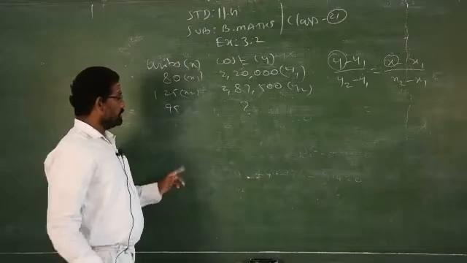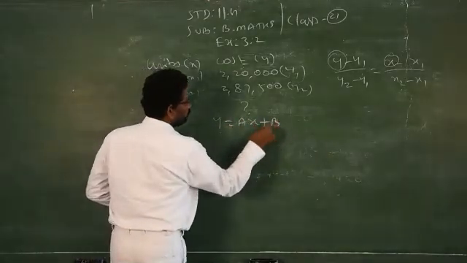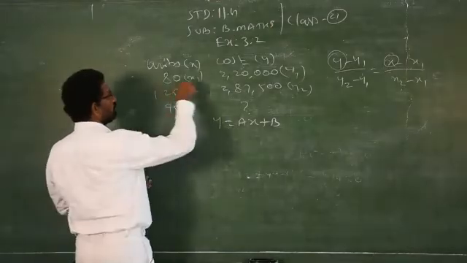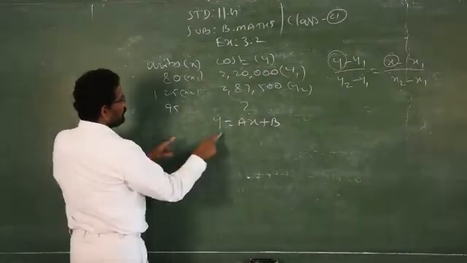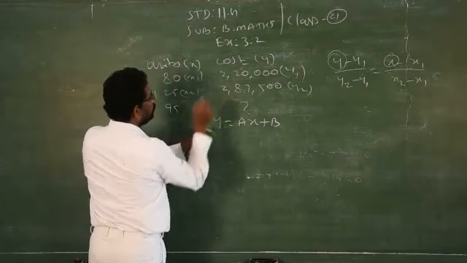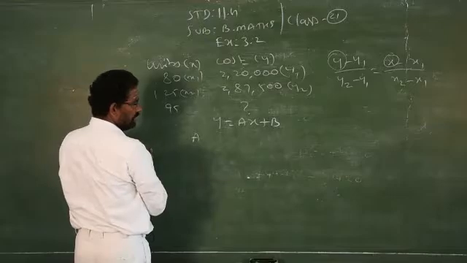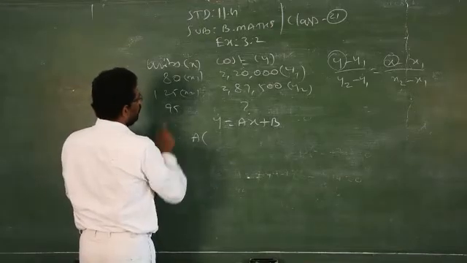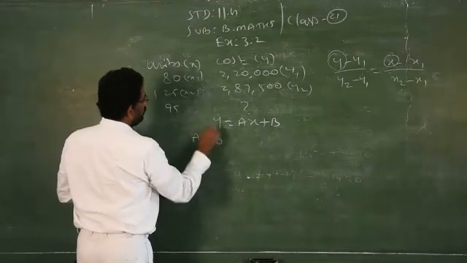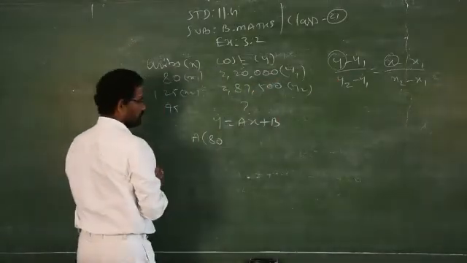But there is another method, just now I said linear equations. So I am taking the first information. What is the cost when X is 80? 2,20,000. I don't know the constants A and B. X1, X2, Y1, Y2 are only for that formula, not for these conditions.